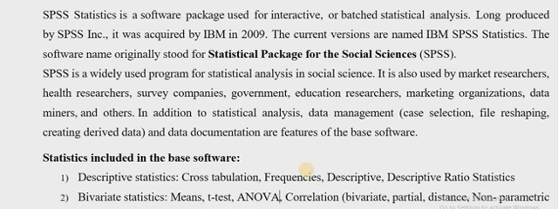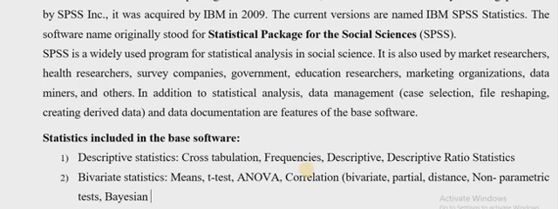Two, bivariate statistics, and this one is with mean, t-test, ANOVA, and that ANOVA means analysis of variance, correlation, and under correlation we have bivariate correlation, partial correlation, distance, non-parametric test.